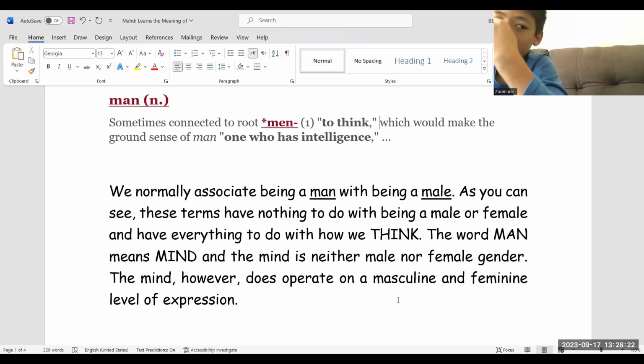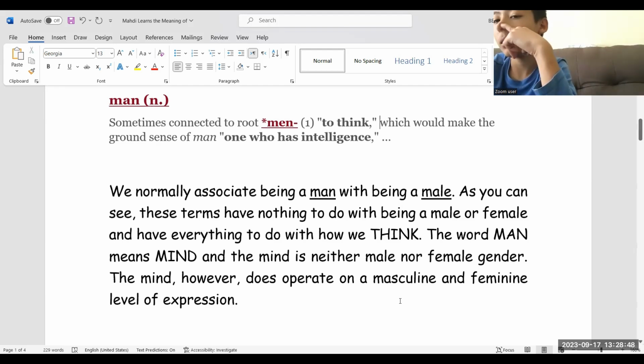Man is a thinker. The word man means mind, and the mind is neither male nor female gender. The mind is not a gender. The body is a gender. The biology contains gender parts, but the mind doesn't.